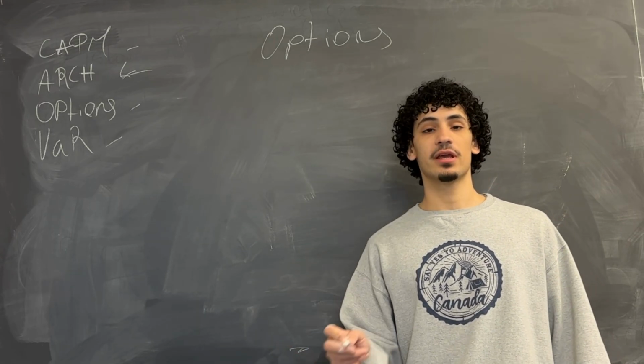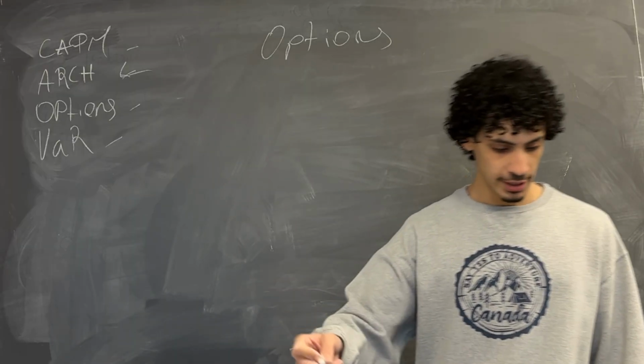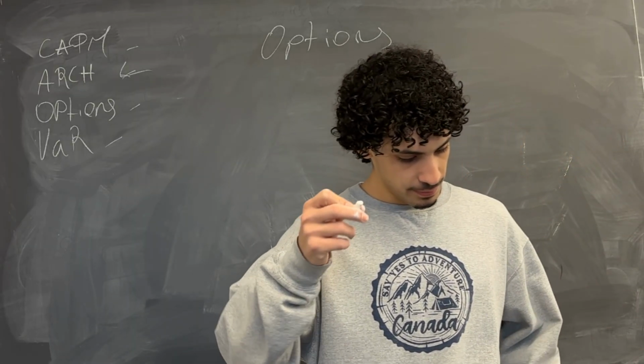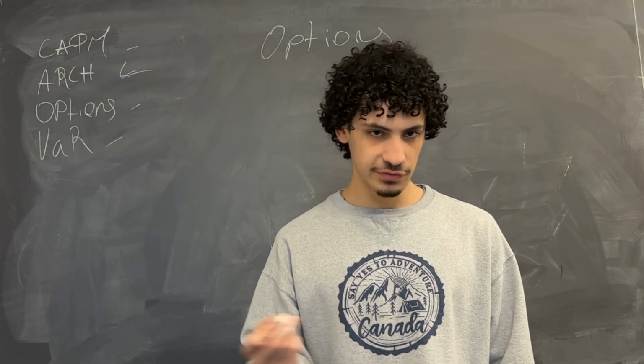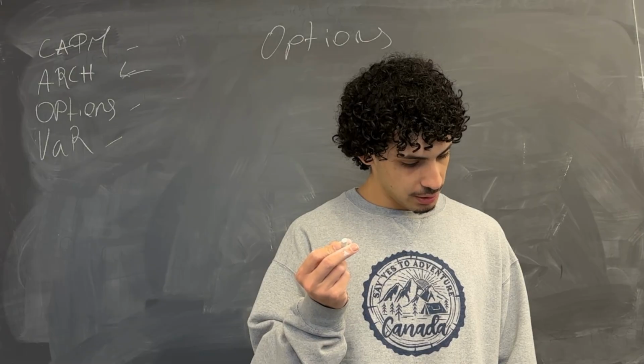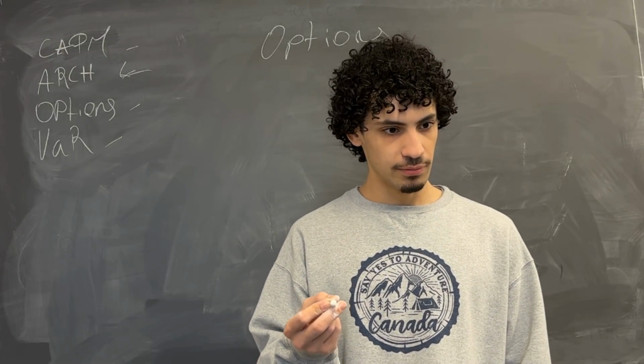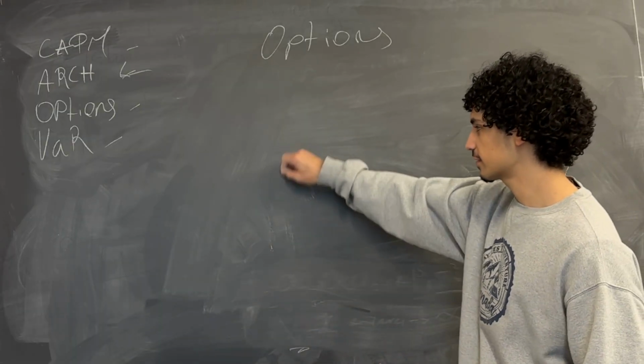In options, we care about variance. We care about standard deviation squared. And the one thing that we don't know is future volatility. But we have an understanding of the implied volatility, the VIX.